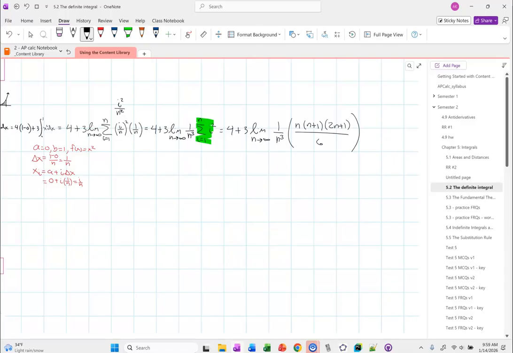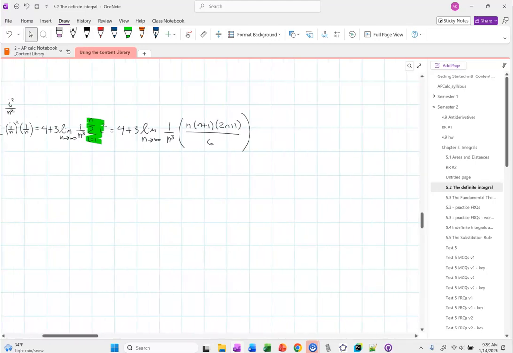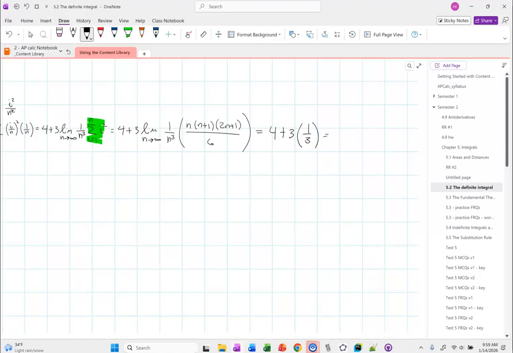What's the leading coefficient in the numerator? 2. And in the denominator? 6. So I'm left with then? 1/3. Perfect. So 4 plus 3 times 1/3? 5. That's our answer. It's such a simple answer.